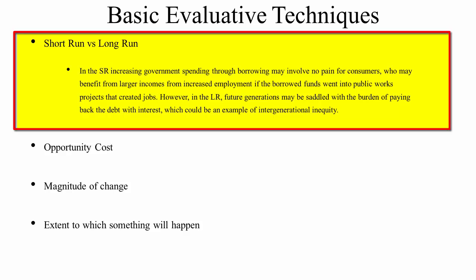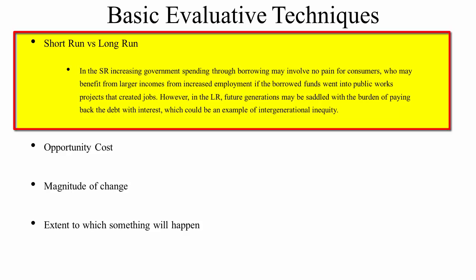The argument, first of all, is that in the short run, increased borrowing might not harm consumers in the economy because those borrowed funds could go into public works projects that create jobs. And if it's those consumers who benefit from increased employment, they can then gain larger disposable incomes and therefore benefit from that policy in the short run.